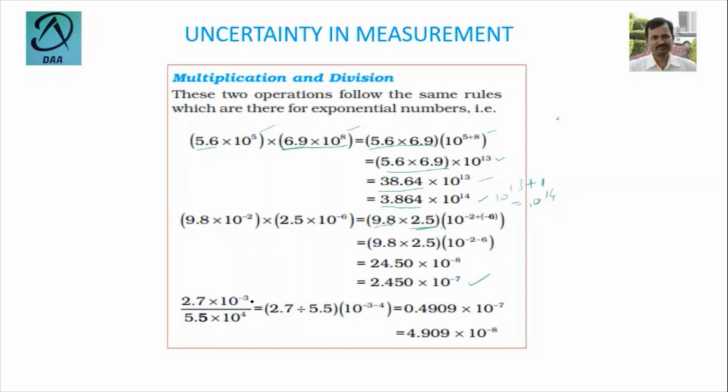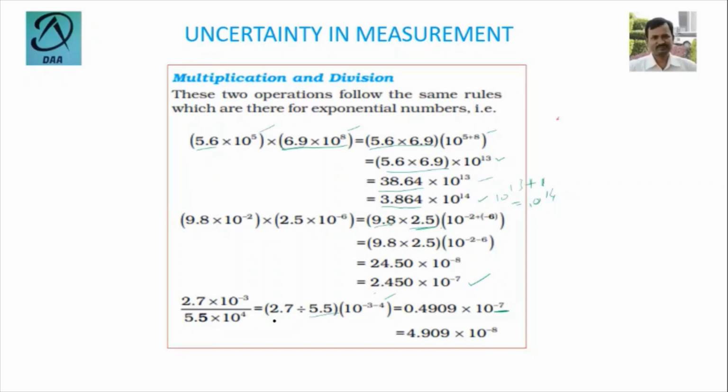In the same way, if you go for division, that means 2.7 multiplied by 10 to the minus 3 divided by 5.5 multiplied by 10 to the 4. First two parts, that means 2.7 divided by 5.5, is the first part, and the second part is 10 to the power minus 3, and this 4 if you take it up, automatically the symbol will change from plus to minus, and then minus 3 minus 4 will come minus 7.